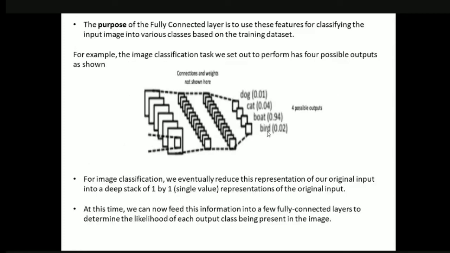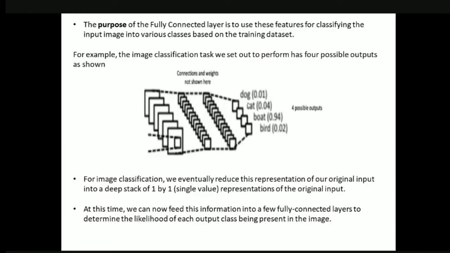Now, what is the purpose of the fully connected layer? As I already told, by applying convolution and pooling, we get the high-level features. Now it will use these high-level features to classify the input image into different classes based upon the training data. For example, this is an image classification task.